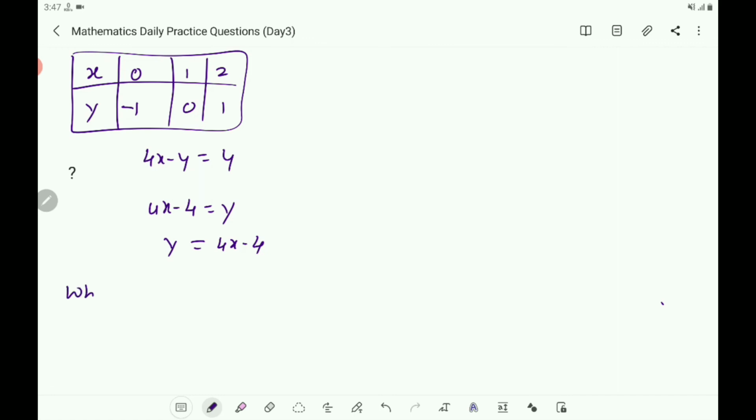When x equals 0, then y equals 4 into 0 minus 4, and you know that 4 into 0 is 0, and you write minus 4, equals minus 4.